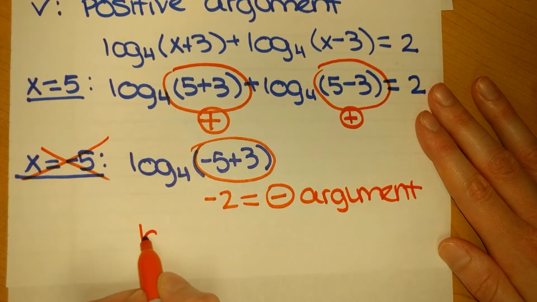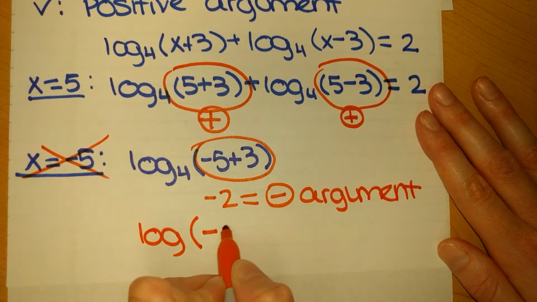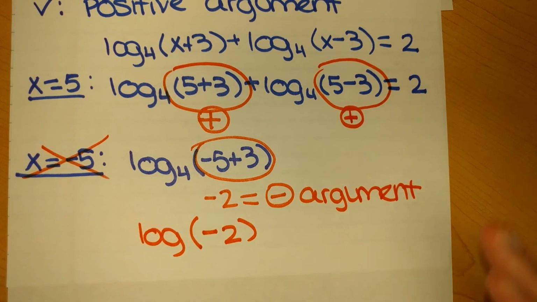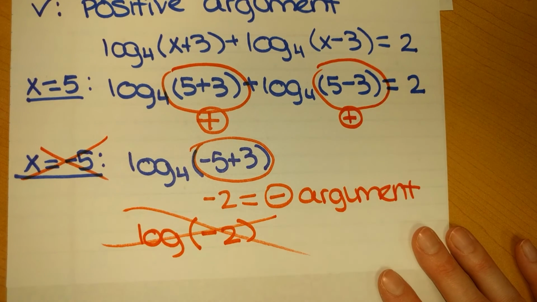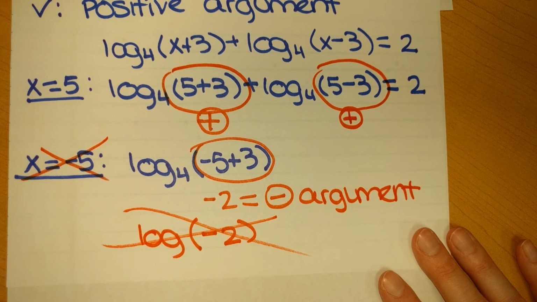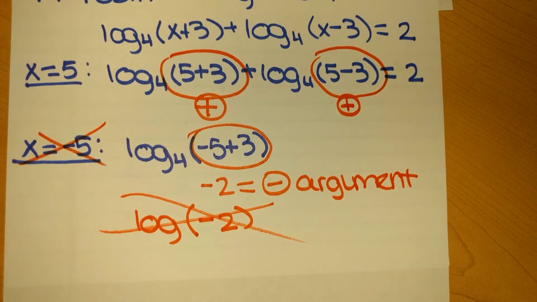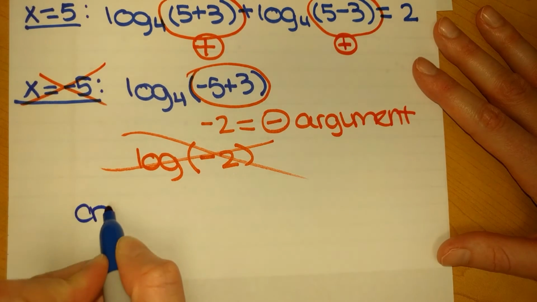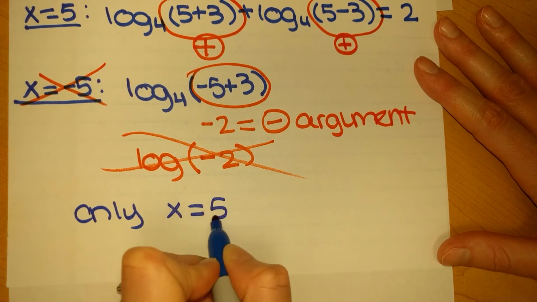Remember, we went through the whole thing about how if you punch it into your calculator, even though it's a different base, log of negative 2 is going to say it's a non-real answer. So this does not work for us. The negative 5 is not an answer. It is an extraneous solution. And we have to say that the only answer is x is equal to 5.